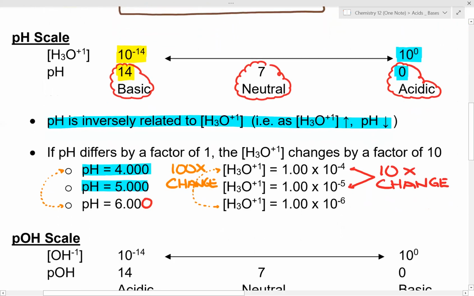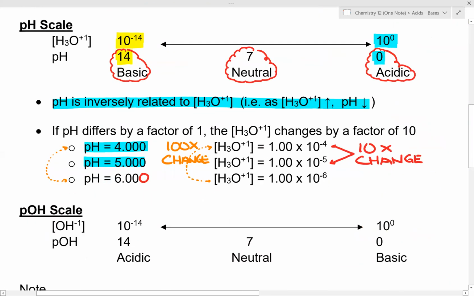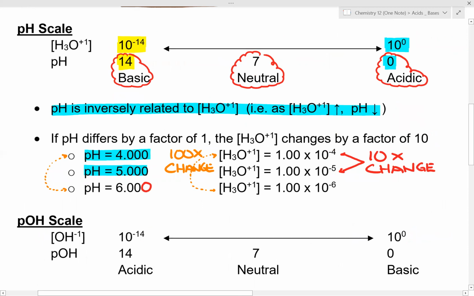Now, the other thing you should be aware of, not as commonly used, is the pOH scale. In this case, you're measuring the solution based on the concentration of OH minus 1. But please note the similarities. Notice as the OH concentration goes down, the pOH value goes up. And as the OH concentration goes up, the pOH value goes down.